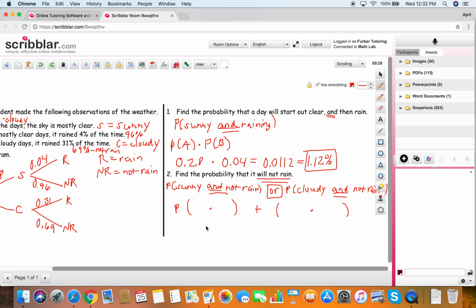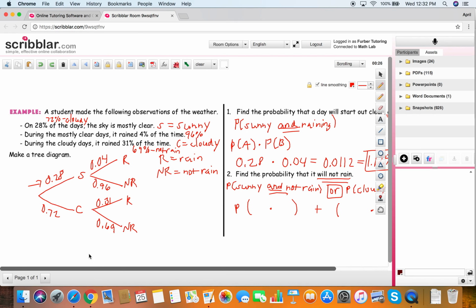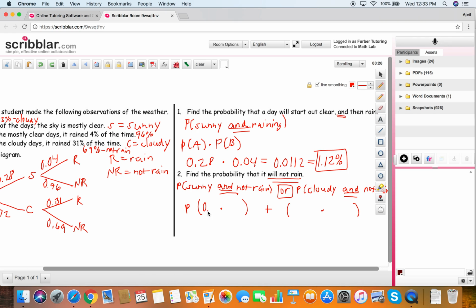Okay, so the probability that it ends up as being a sunny day in this area is 0.28. So 0.28 times not raining. Well, it's not going to rain on 96% of those days, so 0.96.